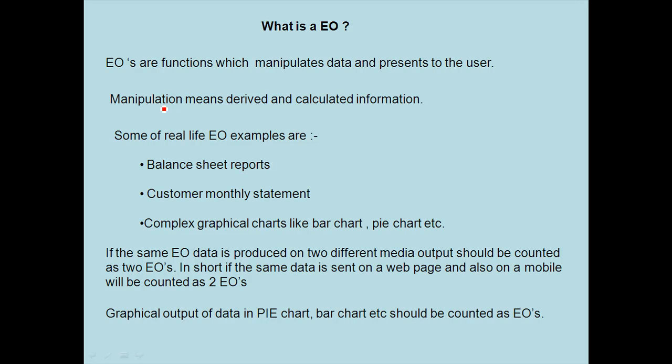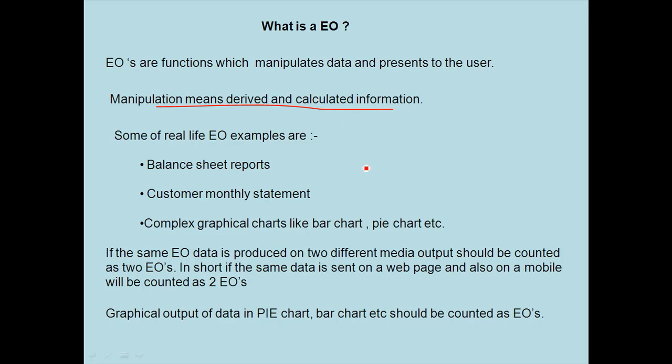In short, there's a lot of manipulation happening in that report. So manipulation means derived and calculated information. One rule of thumb is that if you have a very complex report which takes data from 2 or 3 ILFs, then it is termed as EO.